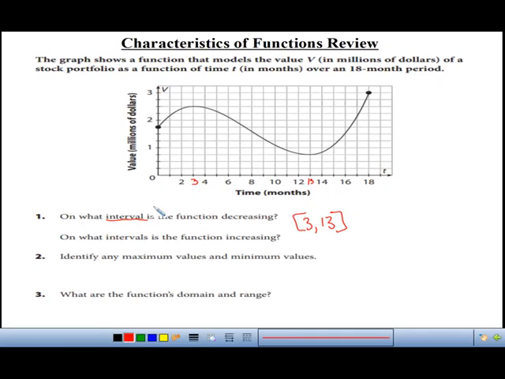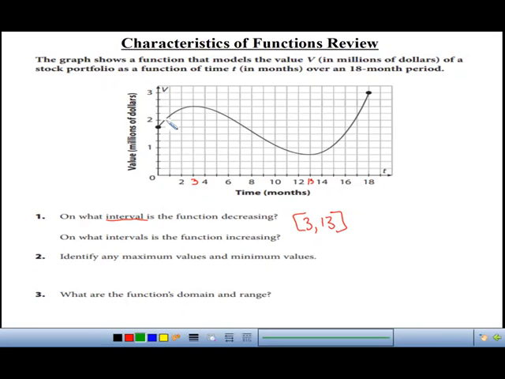All right, with that said, see if you can write the interval for when the function is increasing. Do that in green. When the function is increasing. Okay, let's see.